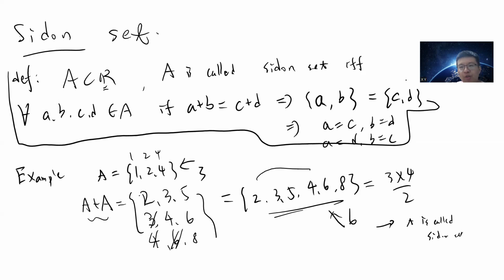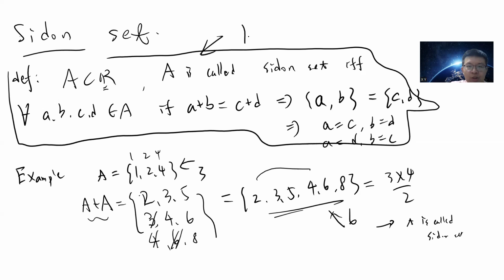You can pause the video and think about this definition. Also, this set is called a B2 set. Okay, and let me write down a non-example. You can consider A to be 1, 2, and 3, and now let's say I write the number 4.